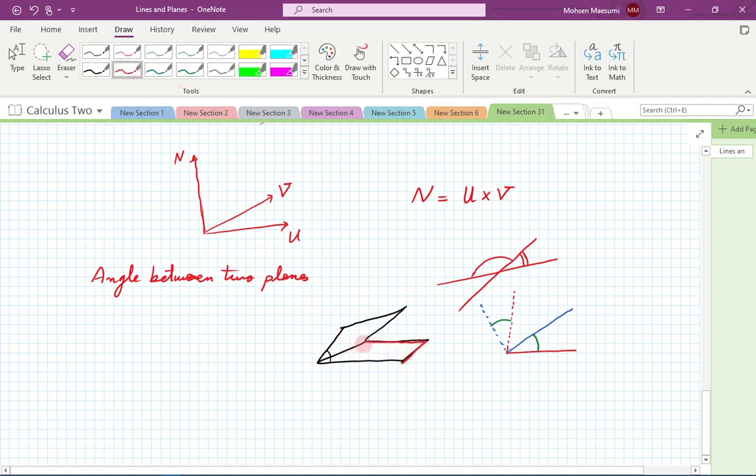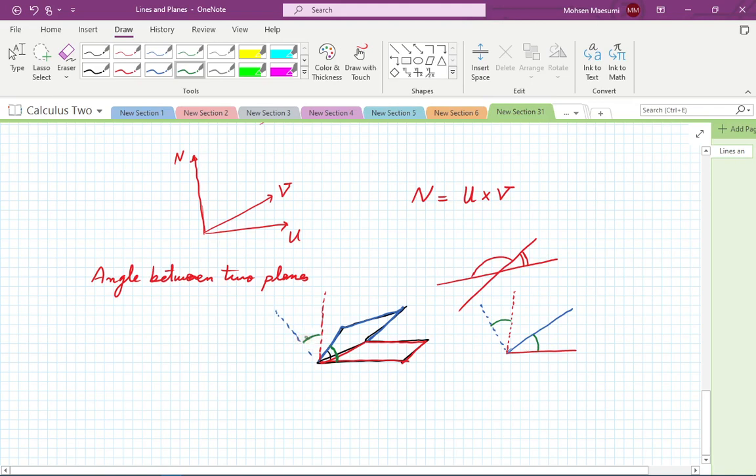So say the red plane here and the blue plane here. The red one has a normal, and the blue one has its normal. And instead of going after this angle, we can go after that one.